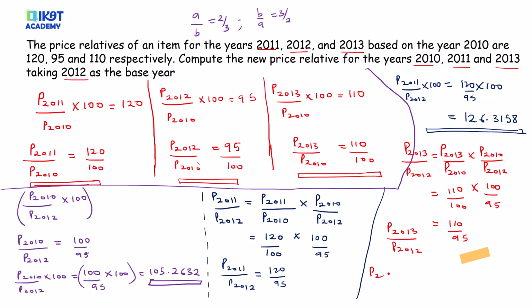Then now we come and say 2013 out of 2012 times 100 is going to be 110 over 95 times 100. And here what do we get? We're going to get 115.7895.